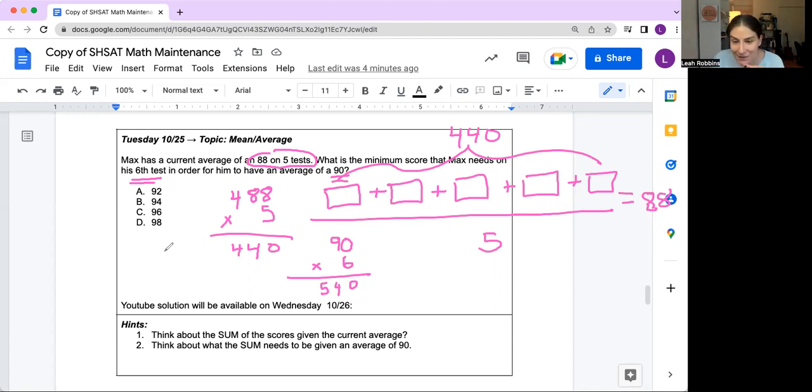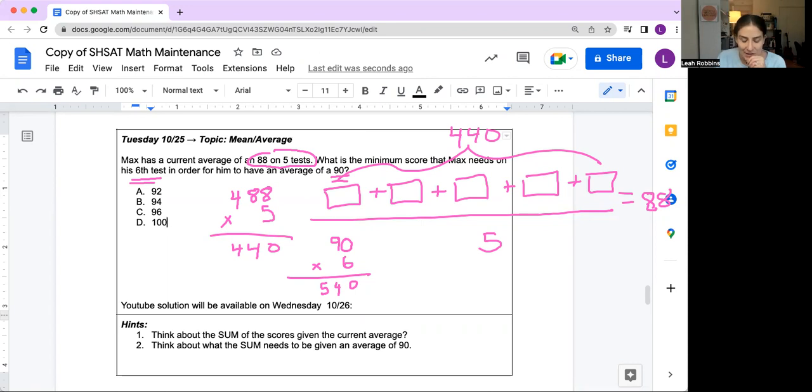So if he has 440, how many more points does he need to get a 90? And I just noticed that there is a typo here, but there won't be on your original Google Doc. He needs 100, right? To go from 440 to 540, he needs 100 points.